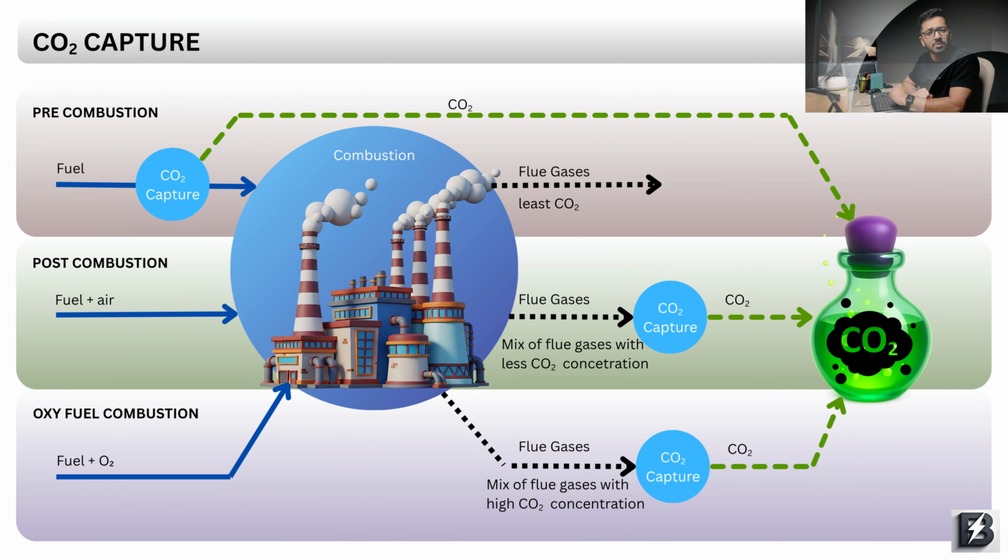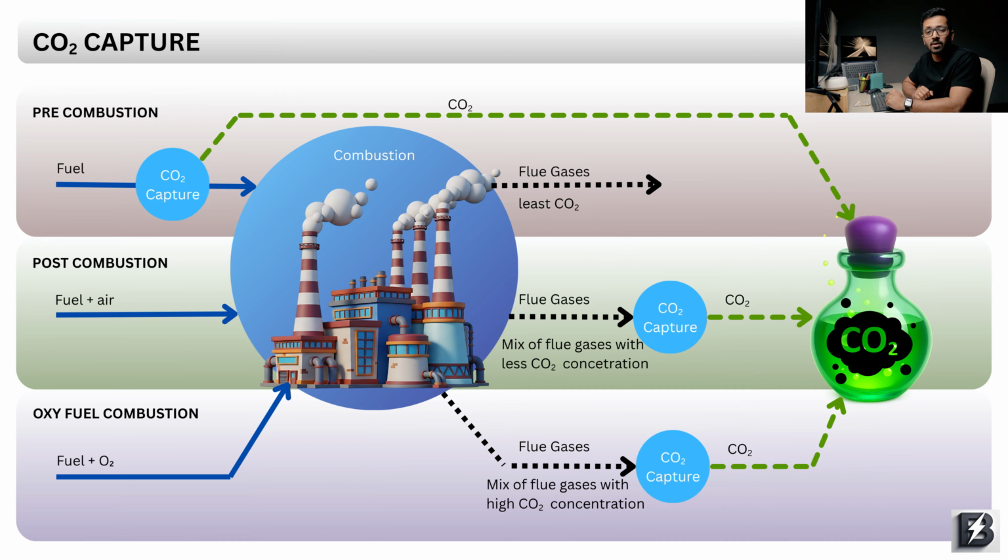In pre-combustion capture, carbon is removed before the fuel is burned. The process produces hydrogen-rich fuel that, when burned, mainly generates water and heat. Secondly, post-combustion capture. This is the most familiar approach. Fuel is burned in air just like a conventional power plant, and CO2 is removed after combustion from the exhaust gases.